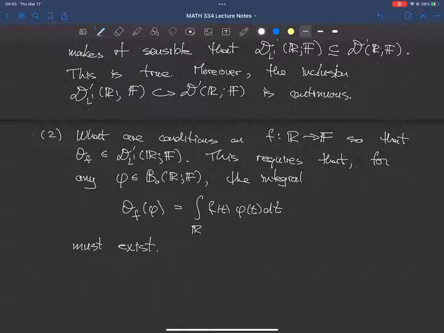And not only must it exist, but it should have some other properties. But let's first of all just talk about the well-definedness of this alleged new object theta F.